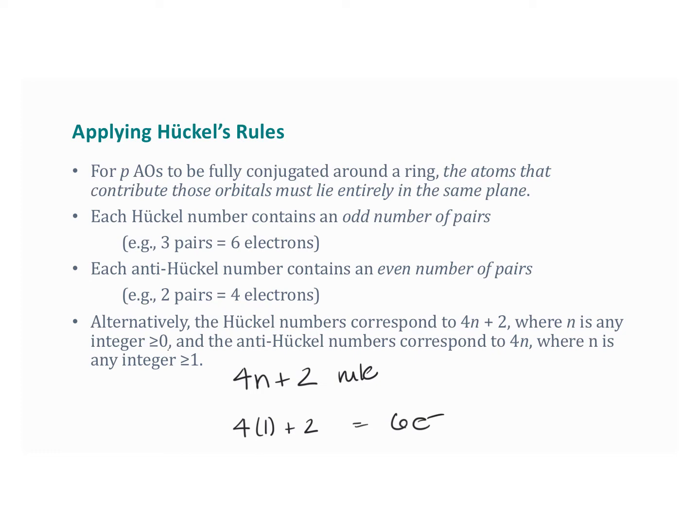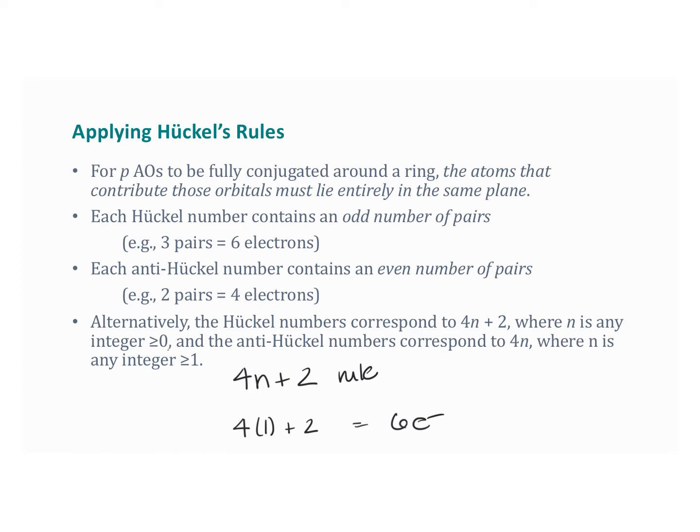That tells us that 6 electrons would lead to aromaticity. And so we can use 4n plus 2 to correspond to the Huckel numbers.